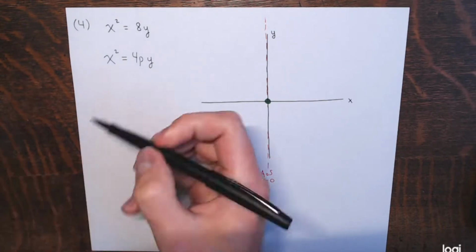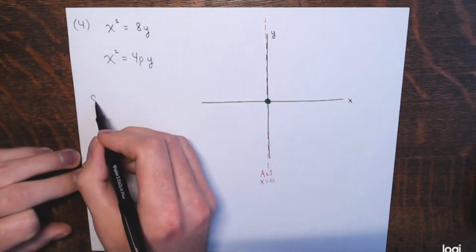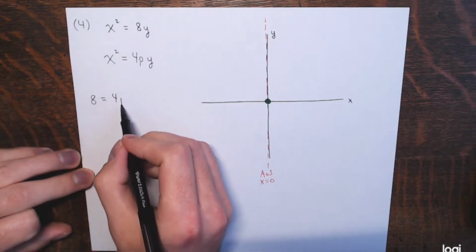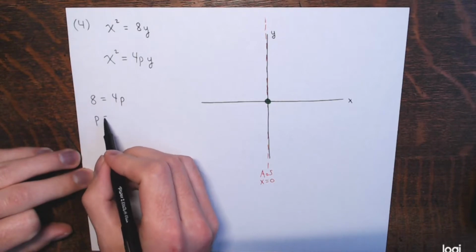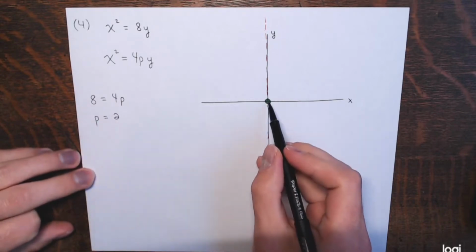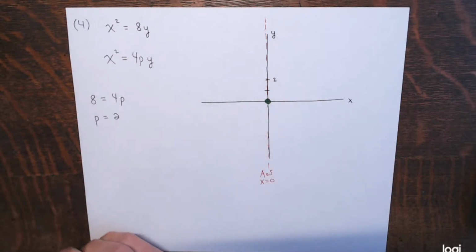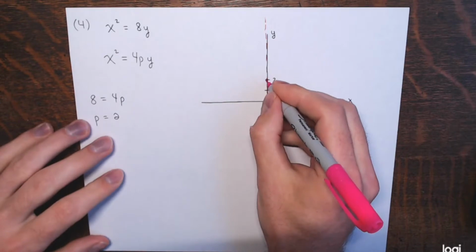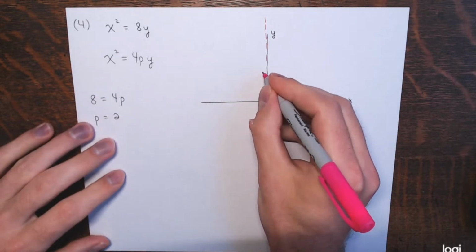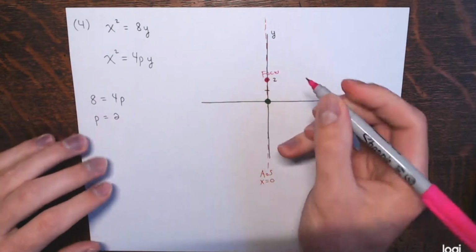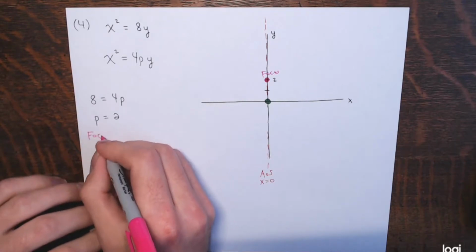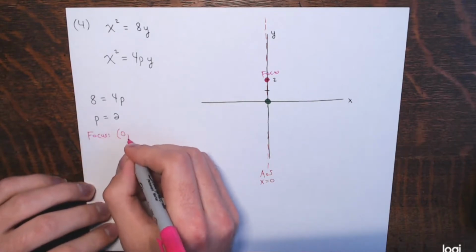The value of 4p is 8 here, right? The 8 equals 4p. So the value of p is +2 this time. So that means I go up 2 units from the vertex to get to the focus. And so here's the focus. And I'll put the coordinates again over here. The focus of this parabola is 0, 2.